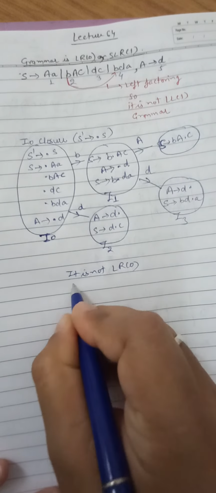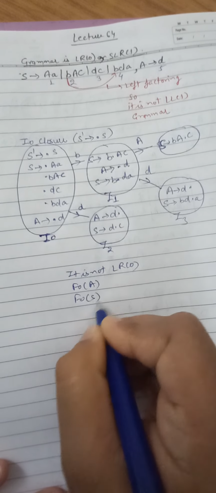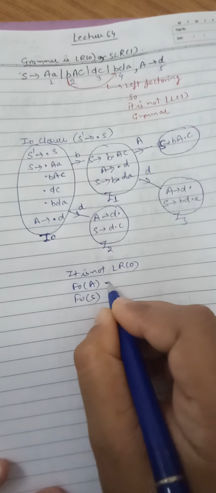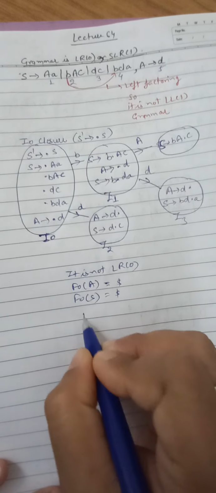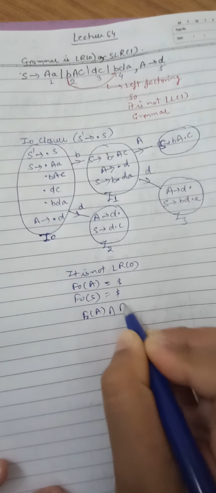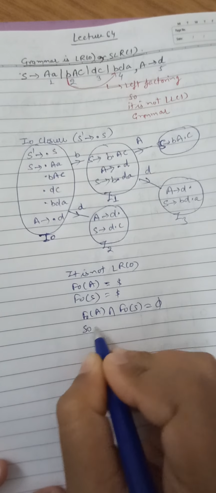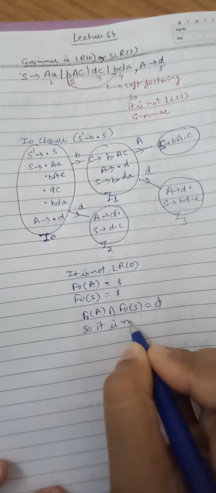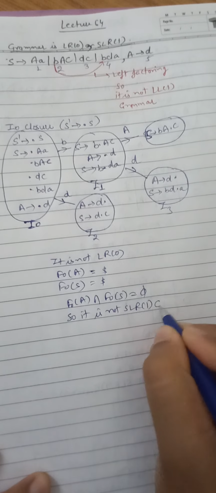But if we find out first of A and first of S, both are the same, dollar, so we can say first of A intersection first of S is not equal to phi. So it is not SLR1 grammar.